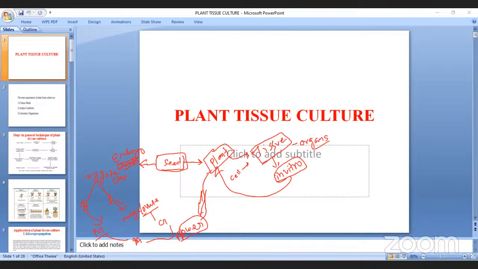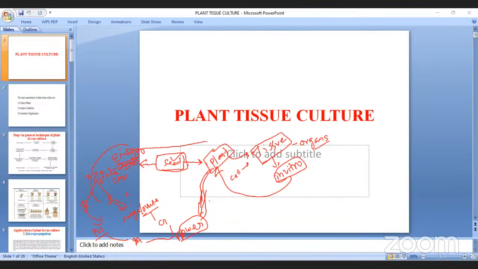To get one seed, we have to wait until germination as a plant. It takes several years. We also have to wait for the production of flowers, which also takes several years, and maturity takes some time. After maturity, fertilization, zygote, embryo. So this is a time-taking period.